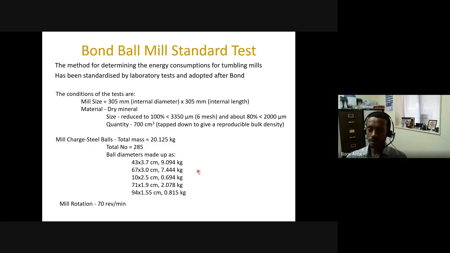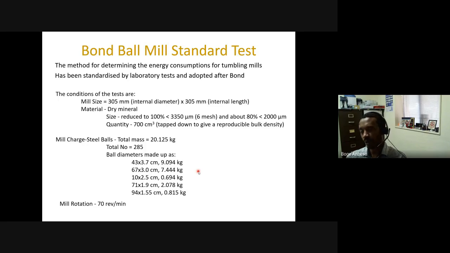I will actually talk about mill rotation during grinding when we talk about tumbling mills next week. But to answer your question, we have to follow this strictly, because lower mill rotation will have lower grinding rate. Higher mill rotation will bring in a higher grinding rate initially, and therefore we may not necessarily have produced the bond work index, which was the standard test. We may not directly compare our results to the standard results.